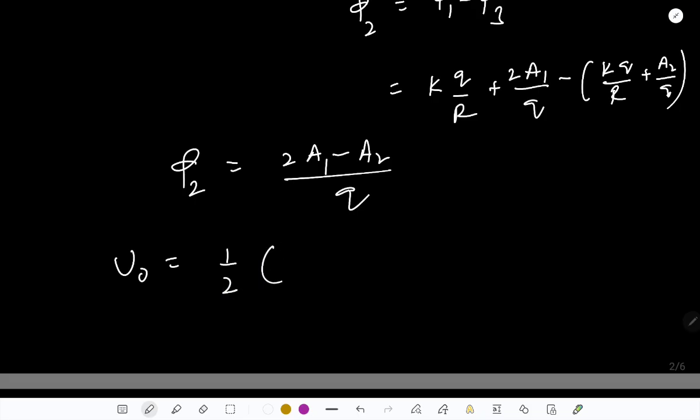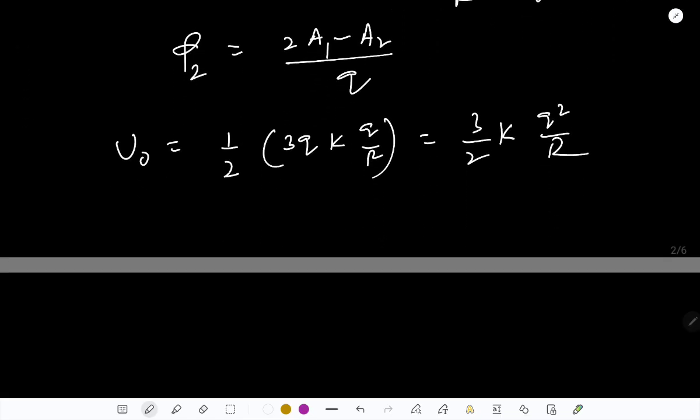All the three charges have the same values, so I can write 3 times kq by r, so that the initial electrostatic energy of the system is 3 by 2 kq square by r. That's right. And now the final energy of the system.